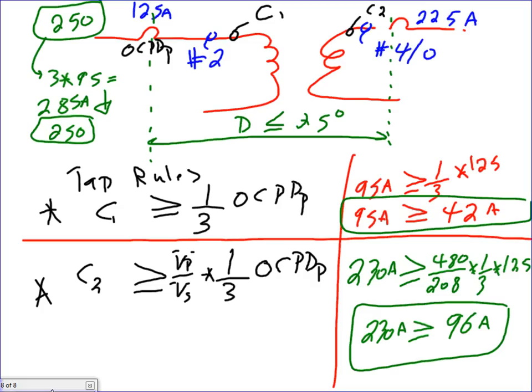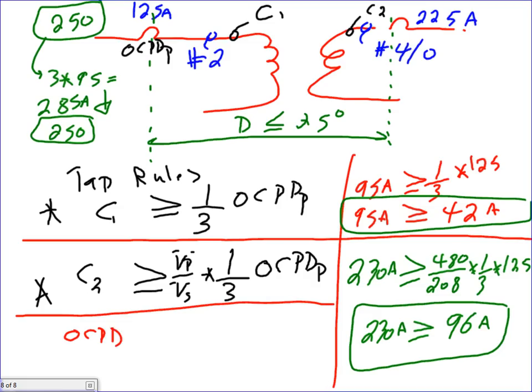We're going to size the conductor. We start with the amps, which is 230. We're going to multiply the amps by 3, but we're going to divide it by 480 over 208.